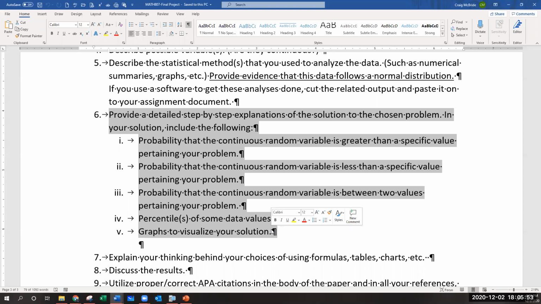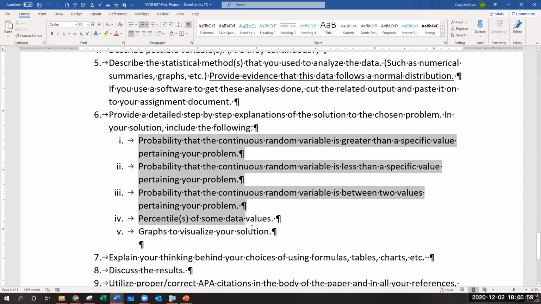And in fact, next week's homework has these exact questions. So all you're doing for part 6 is describing how you would get the solutions to each of these scenarios.